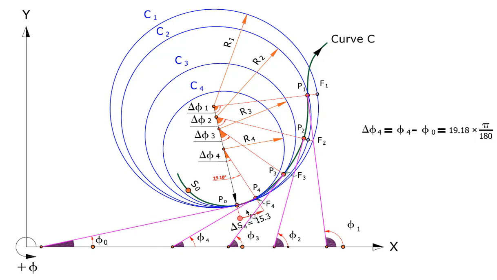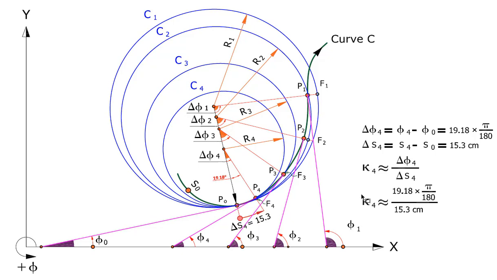So delta S4 is the arc length corresponding to the central angle, which is 15.3. We divide delta phi over delta S, and we get 1/45.